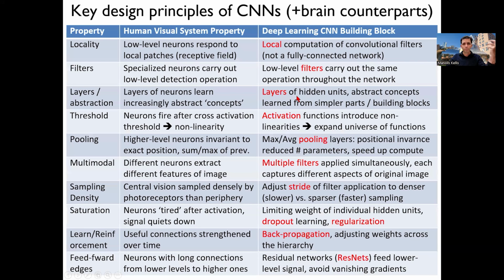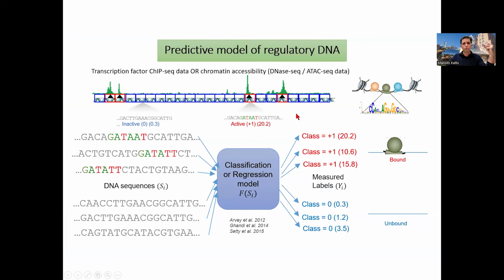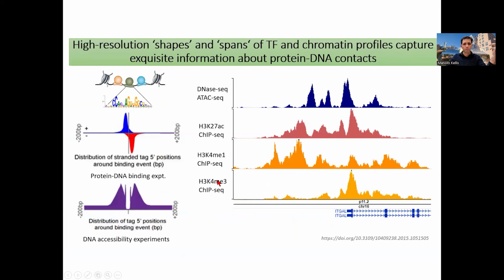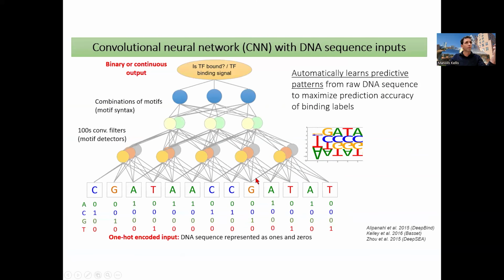And one very popular approach has basically been to use convolutional neural networks to be able to learn motifs from the ground up.